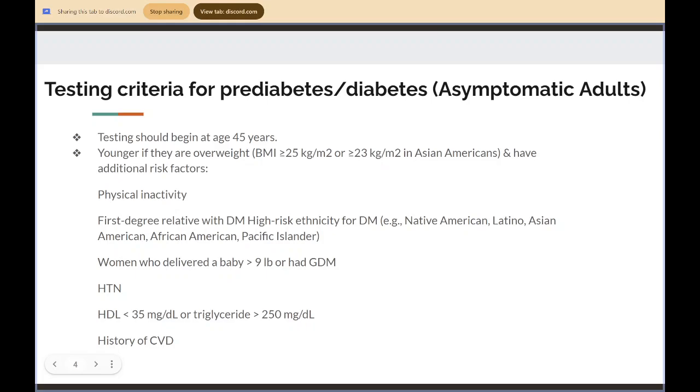So, testing criteria for prediabetes or diabetes in asymptomatic adults. Testing should begin at the age of 45 years, younger if they are overweight and have additional risk factors. I'm not a big fan of BMI, however, for testing purposes, you need to know BMI over 25 kgs or over, or in Asian Americans, 23 kilograms or greater.